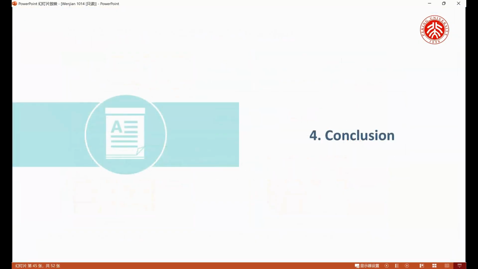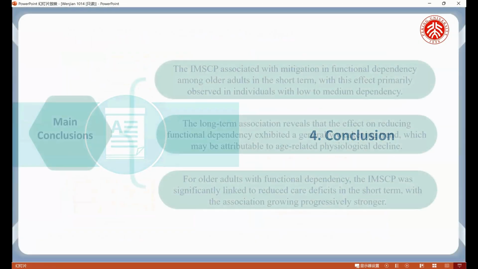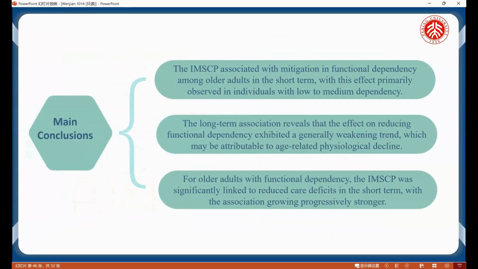The fourth part is the conclusion. The IMSCP is associated with the mitigation of functional dependency among older adults in the short term, with this effect primarily observed in individuals with low to medium dependency.